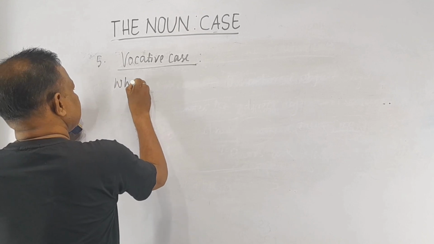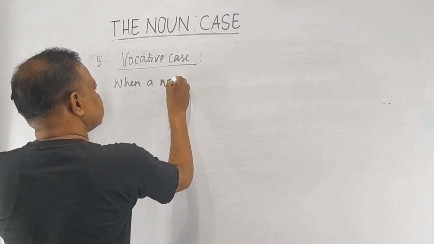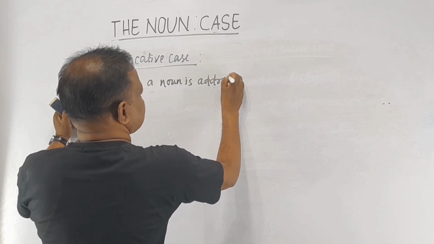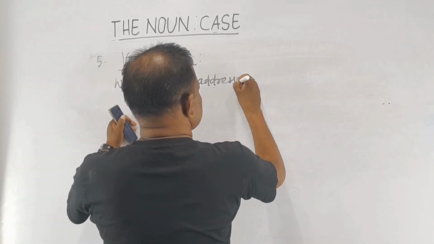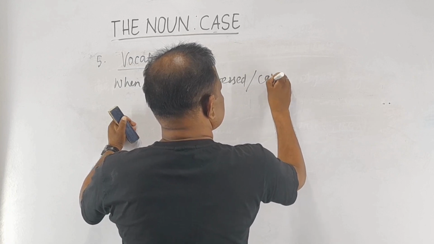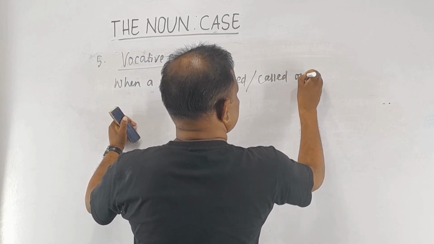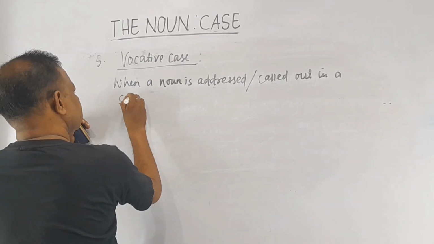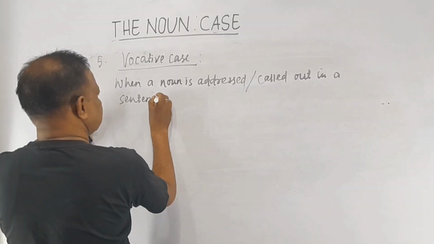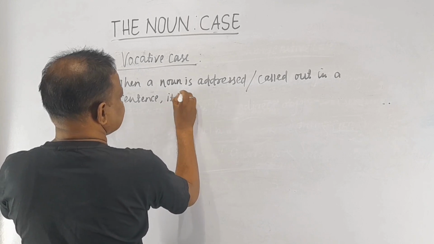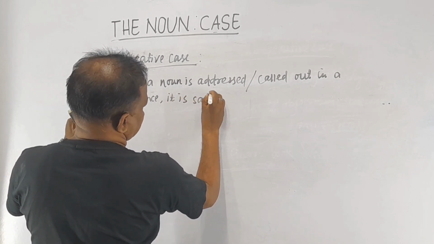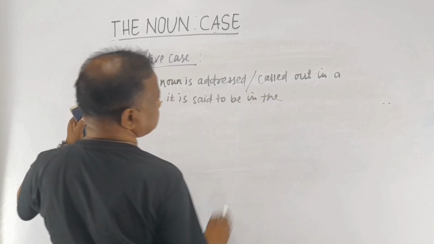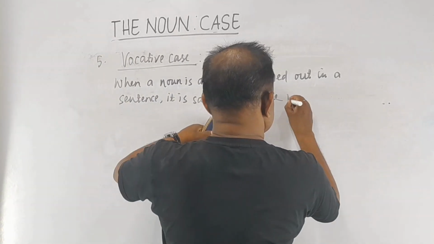When a noun is addressed or called out in a sentence, it is said to be in the vocative case.